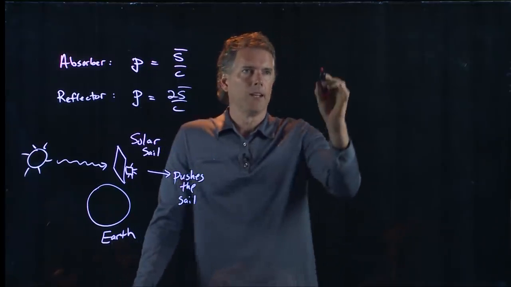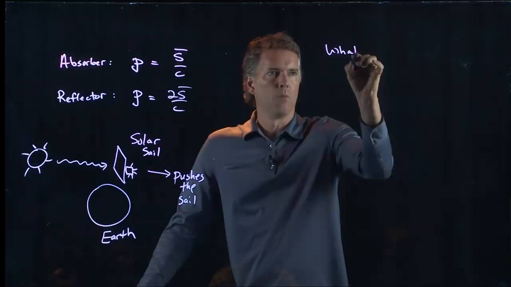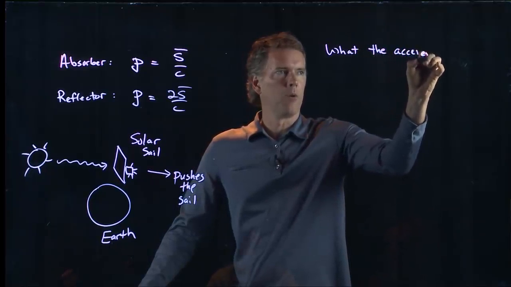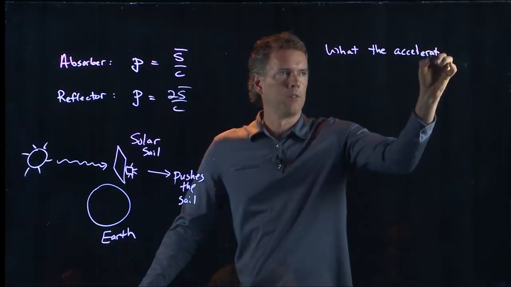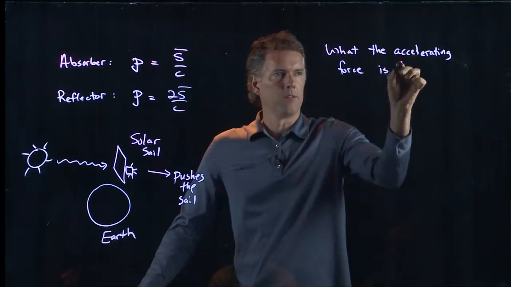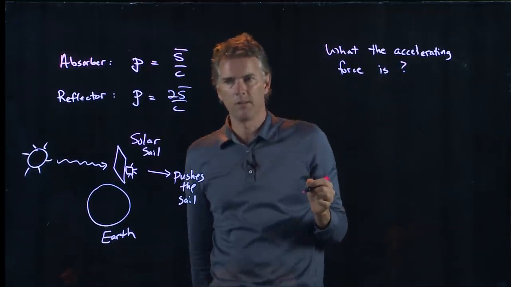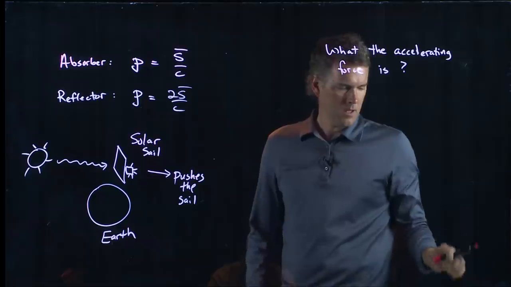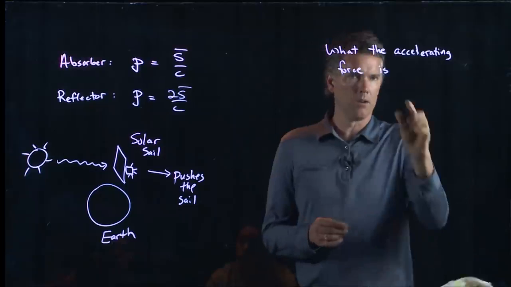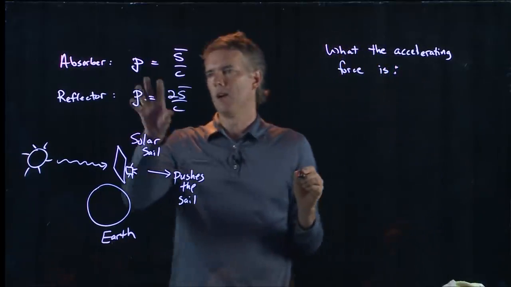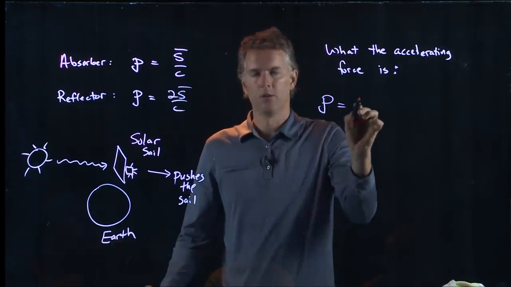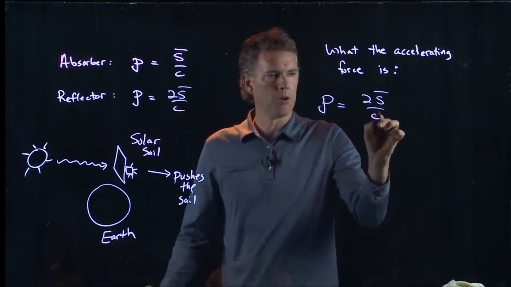Let's see if we can calculate what the accelerating force is. Okay, let's see if we can calculate that. Well, we know we've got pressure, right? We just talked about pressure right here for a reflector. Pressure is equal to 2s bar over c.